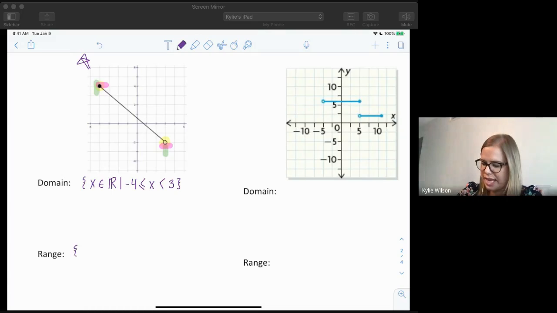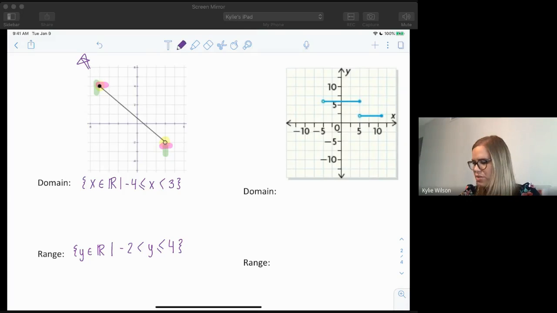So again, we have that y as an element of real numbers, and again, we say real because it's connected with a nice line. And we have that -2 is less than y, and again, we use that less than instead of less than or equal to because of our open circle. And that is less than or equal to +4, like that.